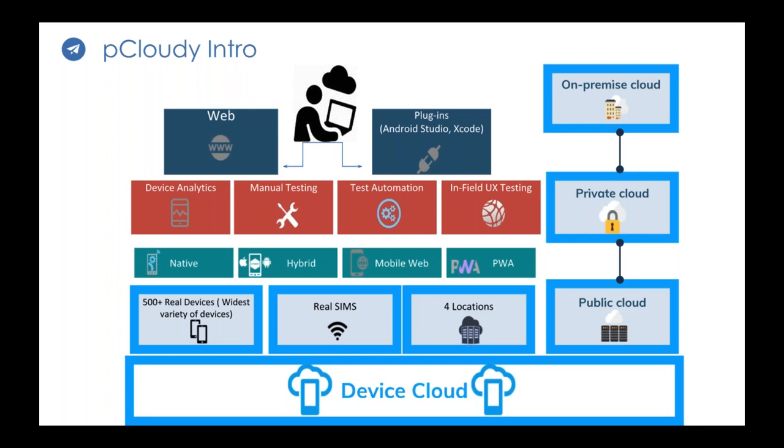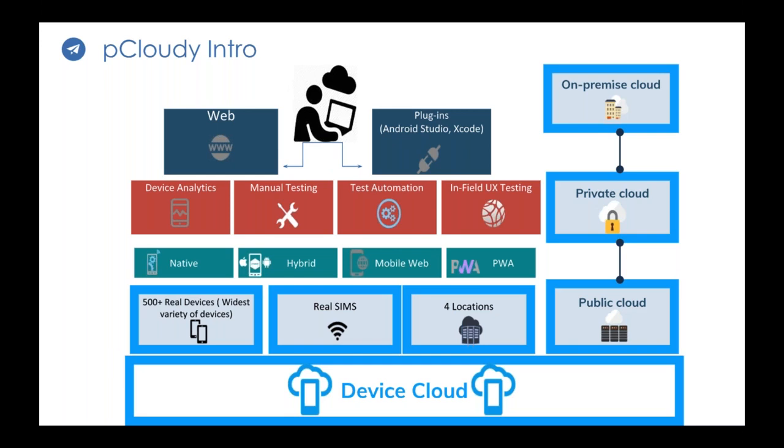So who are we? Who are pCloudy? What do we do? At the heart of the entire pCloudy establishment, we are a device cloud. We have a cloud of around 500 odd devices across the world. We buy those devices and host it on our data center so that you don't have to buy.